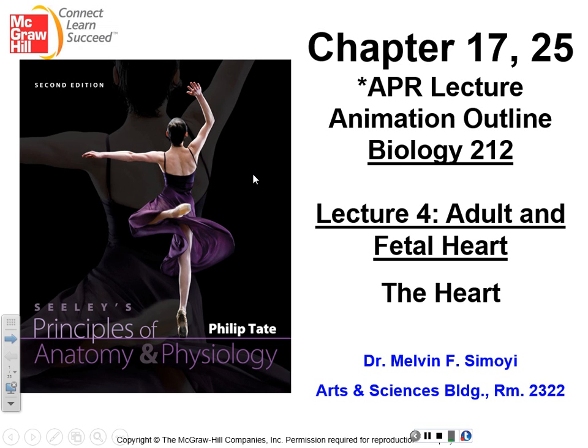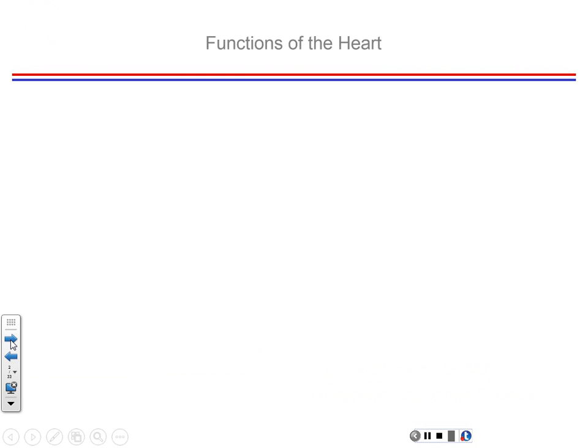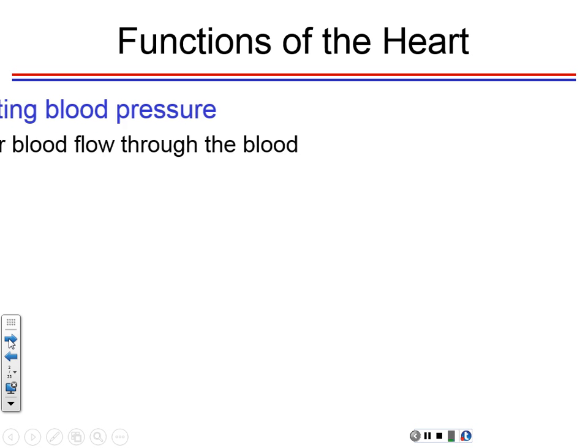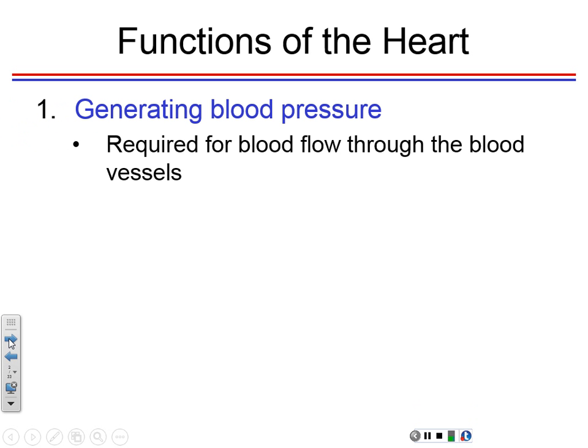So we'll go ahead and just talk about the general functions of the heart. It's a pump, pretty much, that generates blood pressure. It generates enough pressure to force the blood through all the parts of the body. So it generates the force that's required to distribute blood carrying nutrients and oxygen to the rest of the body.